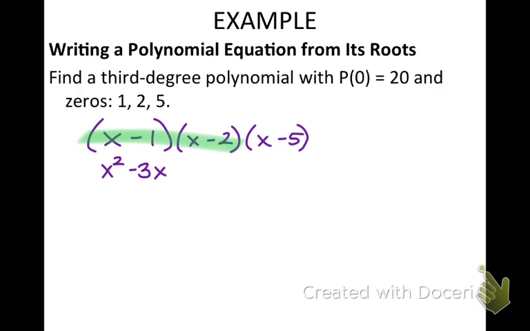Negative 1 times negative 2 is positive 2. Now, let's multiply it by x minus 5. X squared times x is x to the third. X squared times negative 5, negative 5x squared. Negative 3x times x, negative 3x squared, plus 15x.